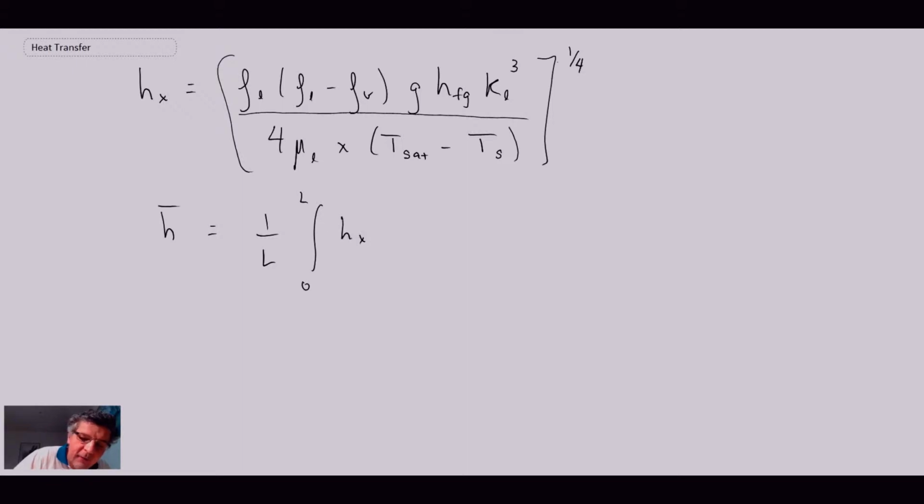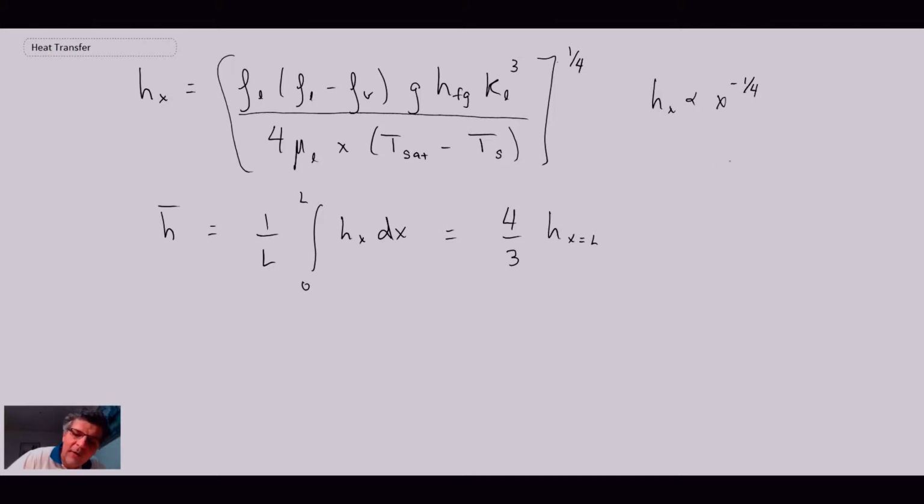We go through and perform an integration like this, but if you look at the functional form, h_x is proportional to x to the minus 1/4, and with that you can find that the average heat transfer across the entire plate is just 4/3 the local heat transfer at the end of the plate.